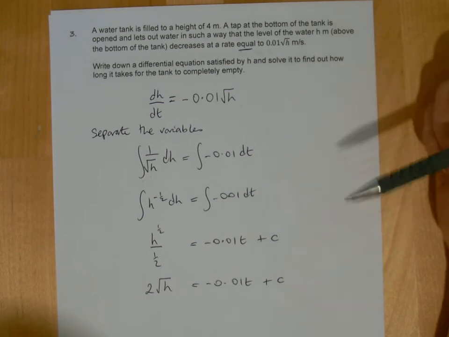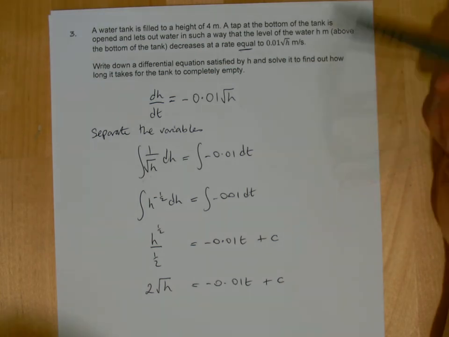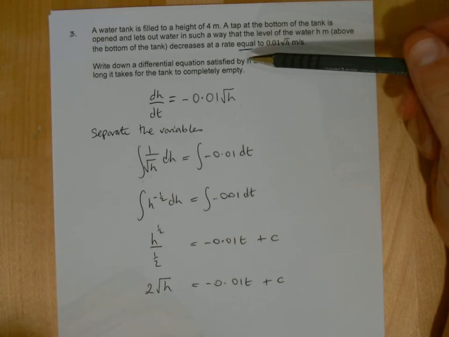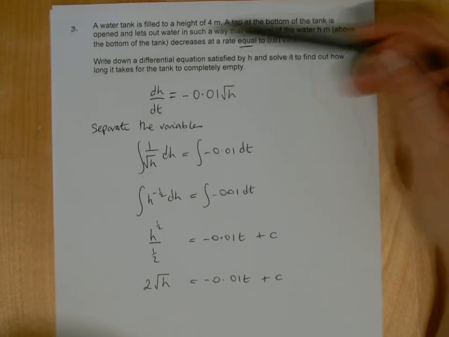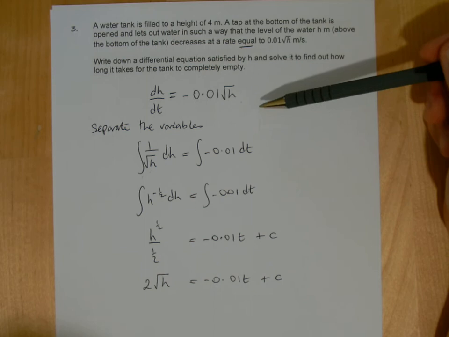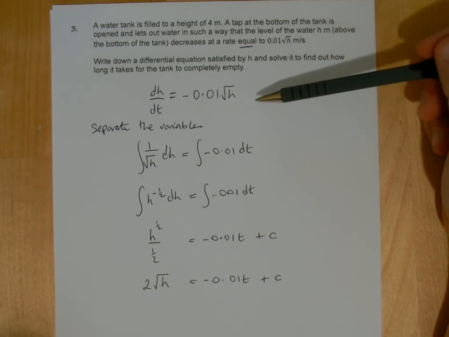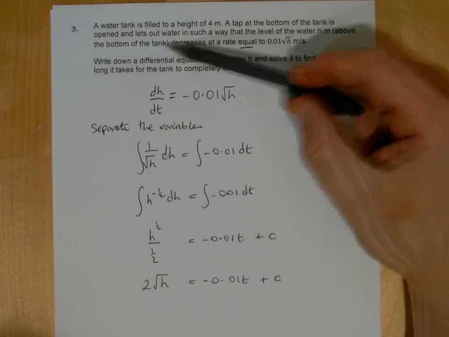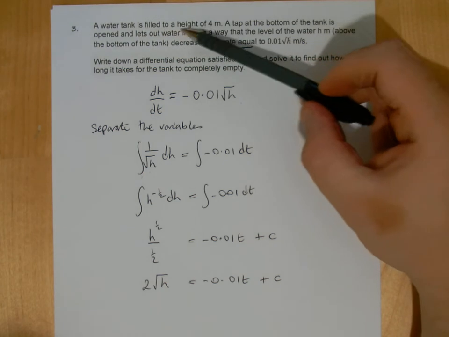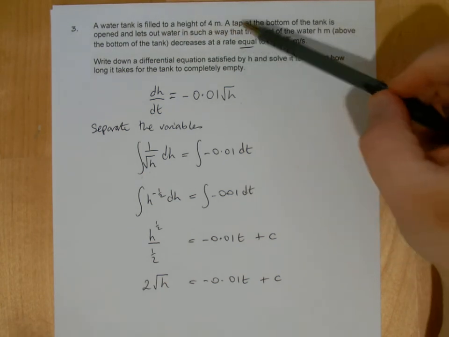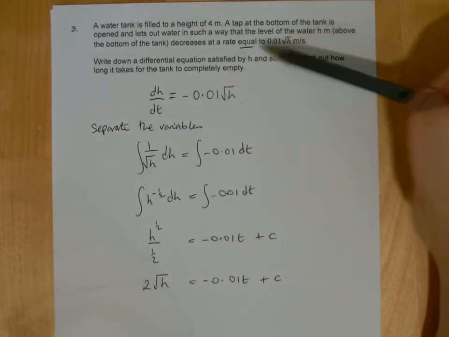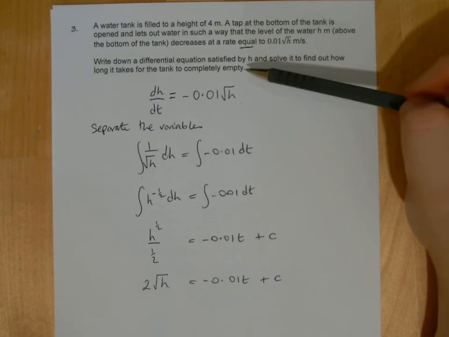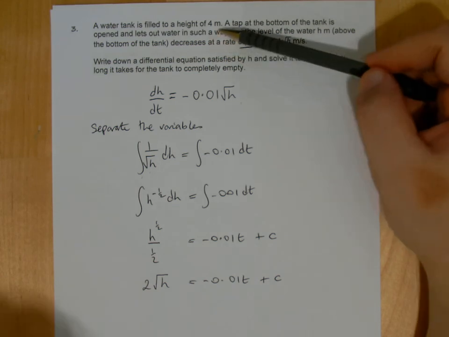To work out the constant, we need some sort of initial condition, or a condition at some point throughout it. Can you see anywhere here where we've got values given to us? In fact, the first line: the tank is filled to a height of 4 meters, and then the tap is opened. So it's 4 meters before the tap is opened.